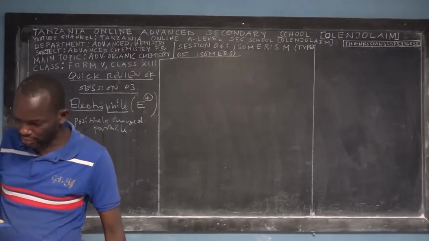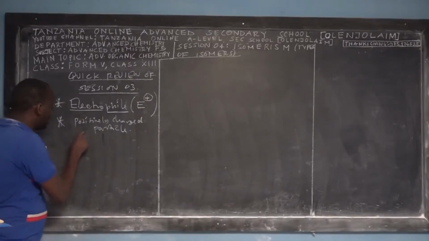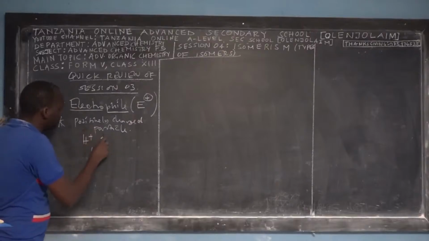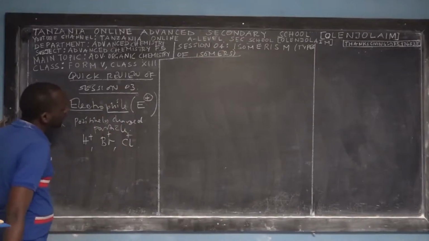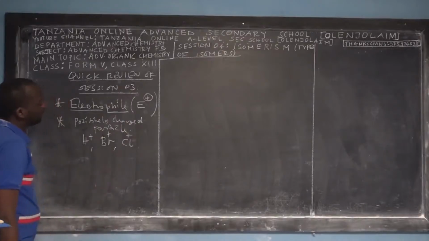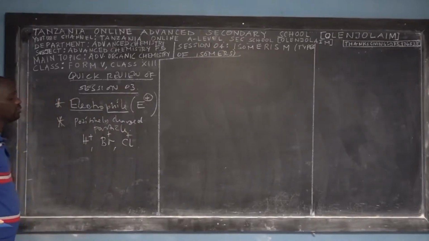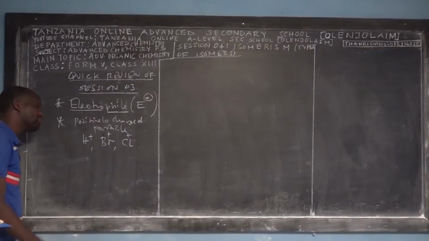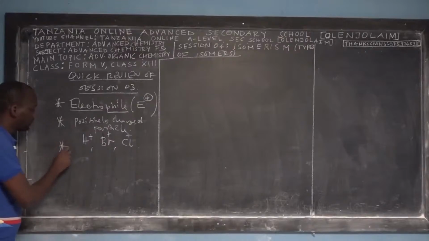For example, hydrogen, positive bromine, and positive chlorine. We can prepare positive chlorine ions when the bond breaks between chlorine molecules, and one chlorine leaves with the covalent electrons. That gives our positive charge.